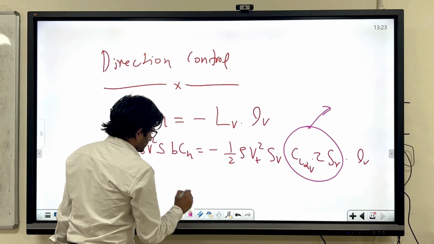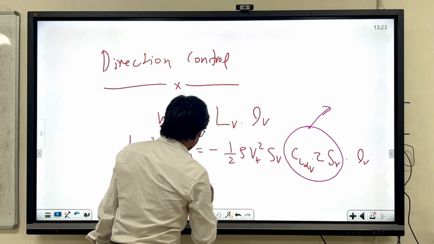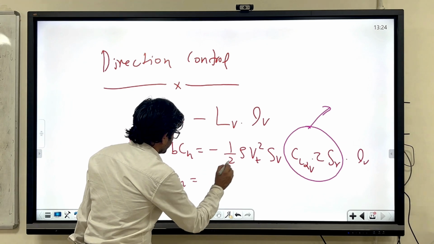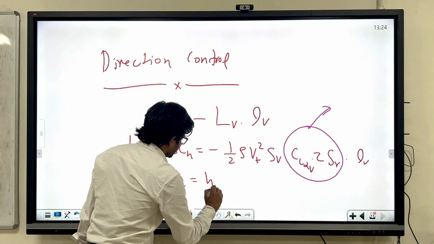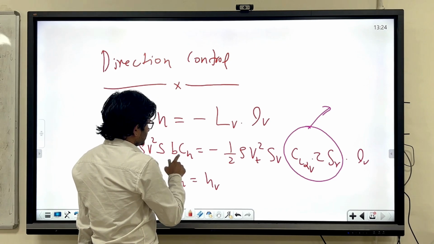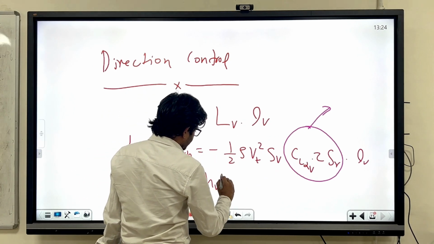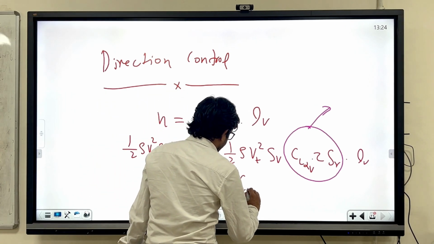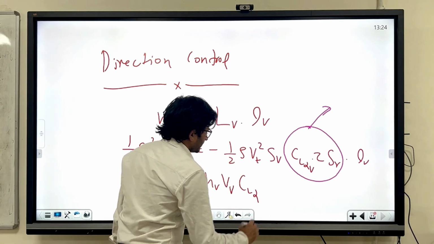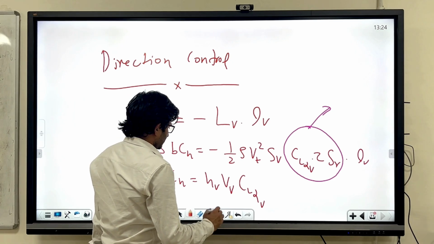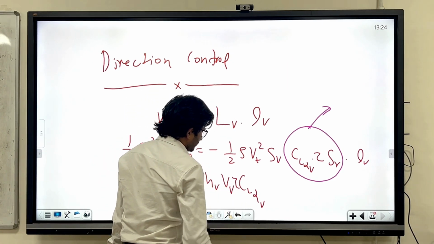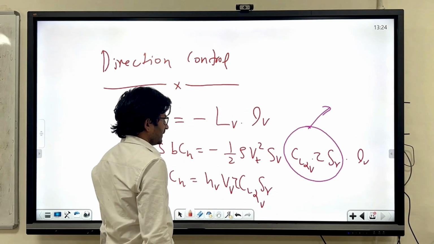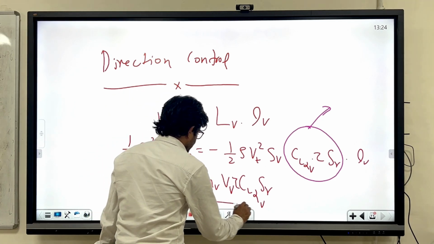Now you can further write C_n is half rho V square V_T divided by half rho V square, which is eta_V, and S_V l_V divided by S b, which is the vertical tail volume ratio, C_L alpha of the vertical tail. And here you will write tau, and this is delta R.